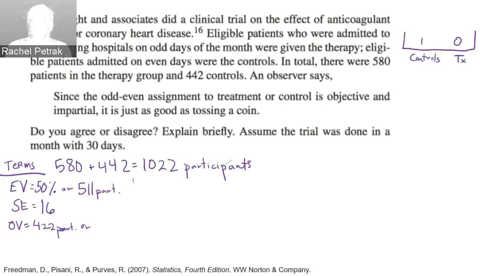Oh, whoops. Yeah, not quite. So it works out to be 41.3%, or about 40. Let's say it's about 41%.